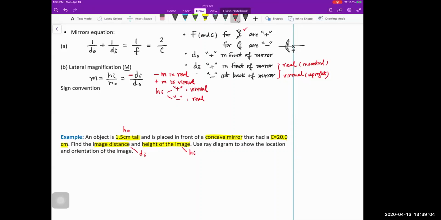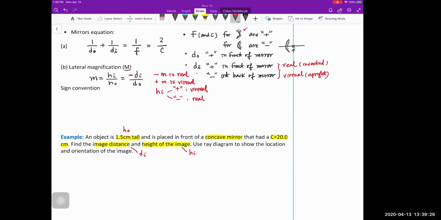Okay, so how do we find the solution of this? Can we use the mirror equation to find DI? And then from the mirror equation, we can use the lateral magnification equation to find HI?